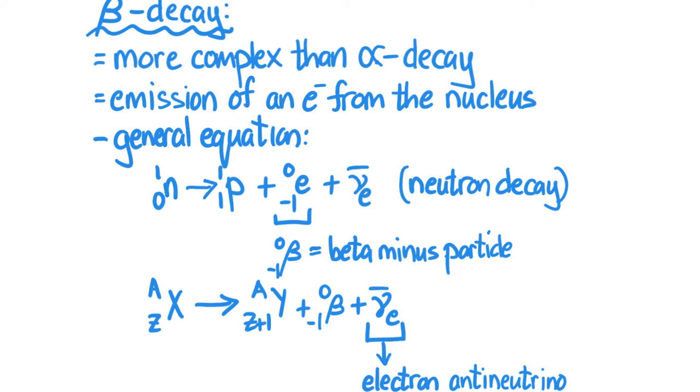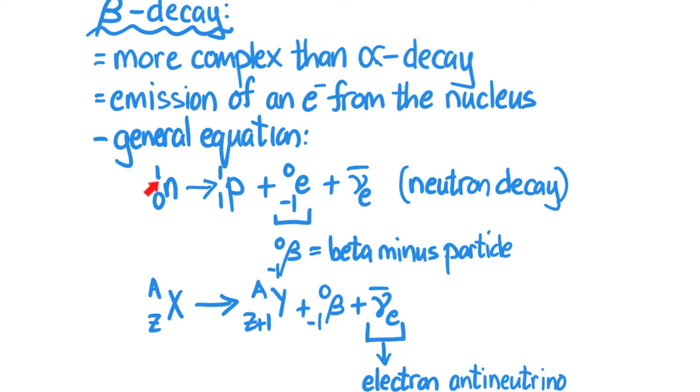Well, if we look at the general equation, from an elementary particle perspective, then one of the neutrons in the nucleus, which we represent with a mass number of 1 and an atomic number of 0, because it doesn't have a proton's charge, decays into a proton which, because it's a nucleon, has a mass number of 1, and it has a +1 charge, so we view that as the atomic number.